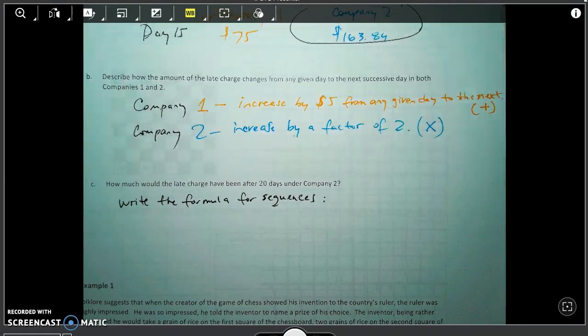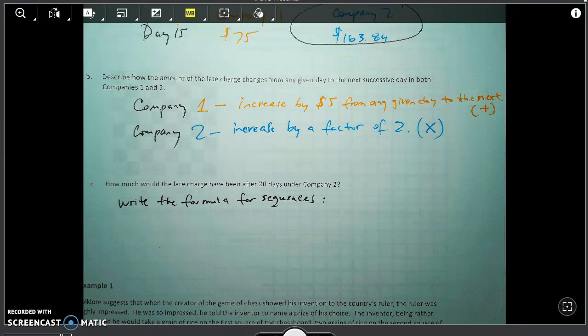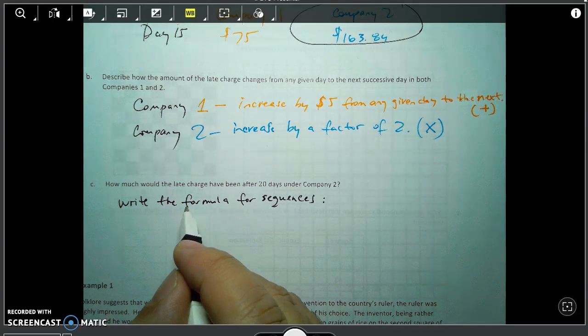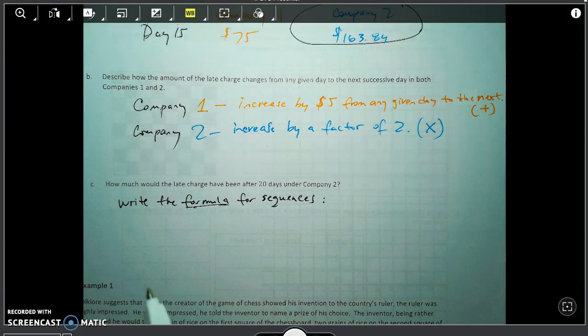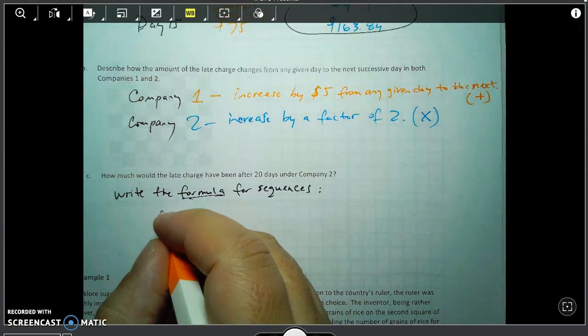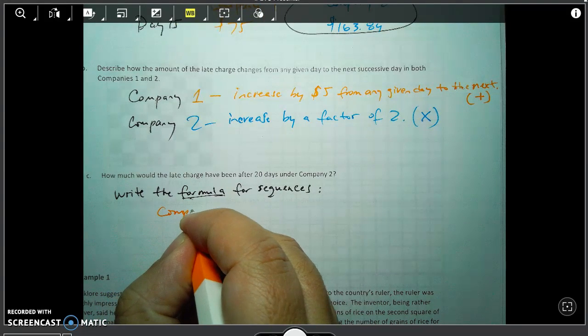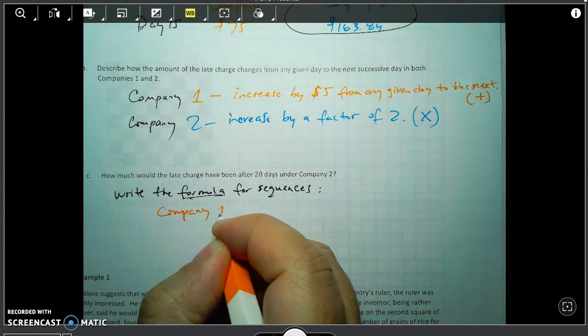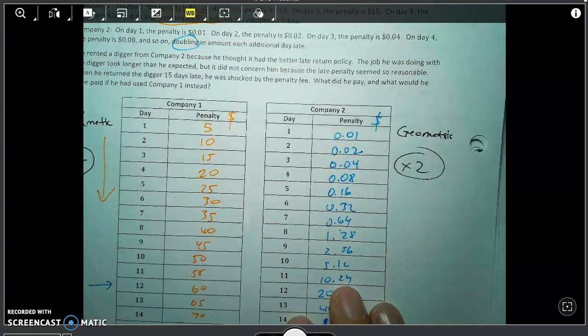So for question C, how much would the late charge have been after 20 days with company 1? For that, we need to find the formula for each sequence. So for company 1, how do you find the formula?